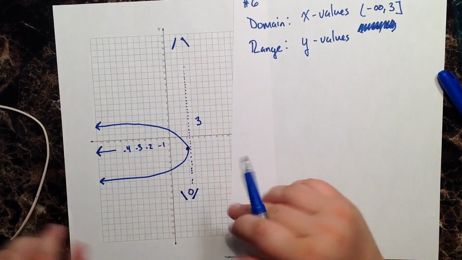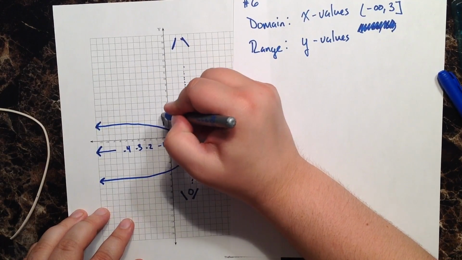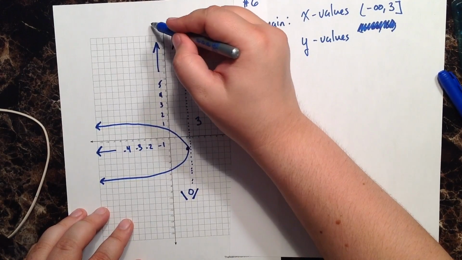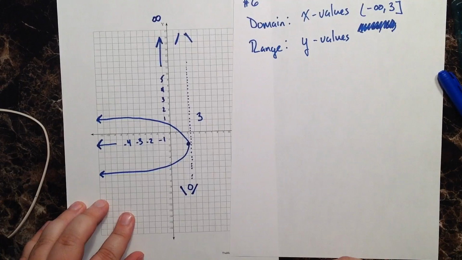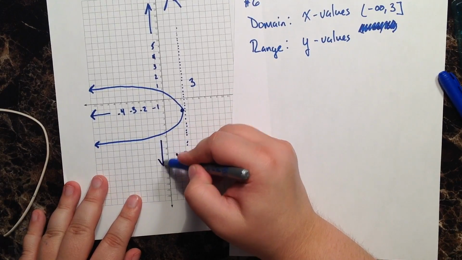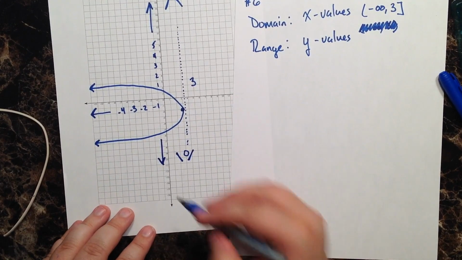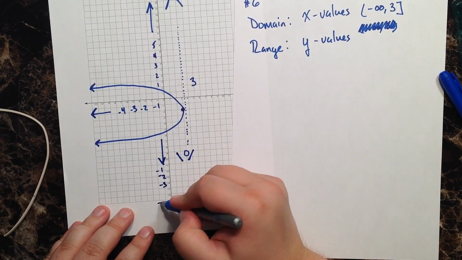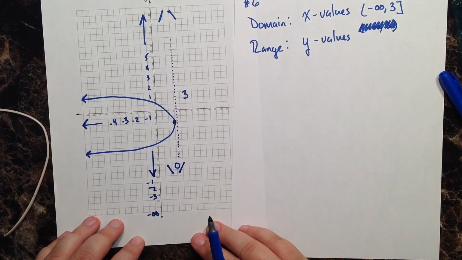Well, let's talk about the values up and down. Well, we have 1, 2, 3, 4, 5, etc., going all the way up to positive infinity. And for the values heading down, we have, again, -1, -2, -3, all the way down to negative infinity.